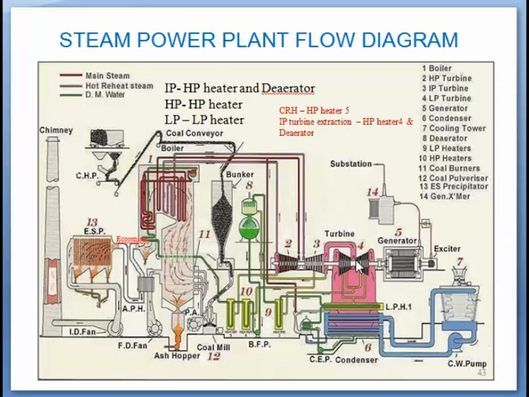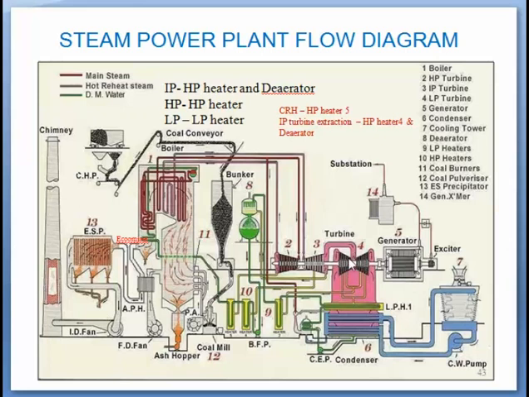The steam is expanded in the LP turbine to a very low back pressure, which is maintained by the condenser below atmospheric pressure, and about 3% makeup water is required to compensate for the loss of cooling water due to evaporation in the cooling towers.